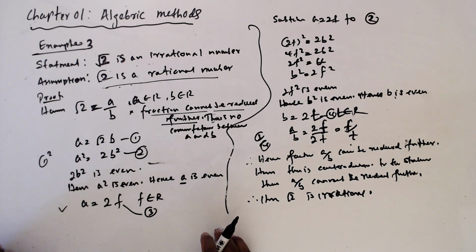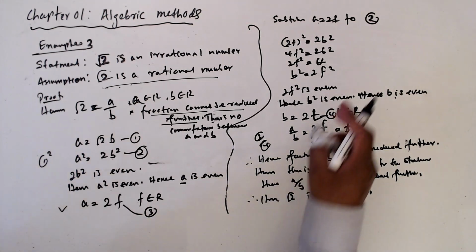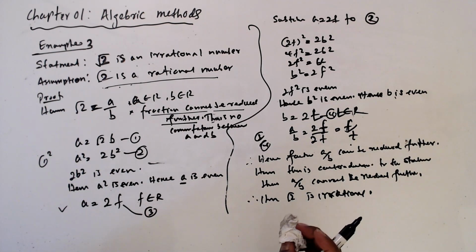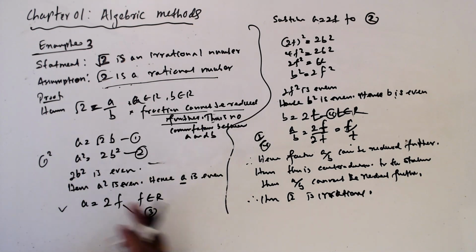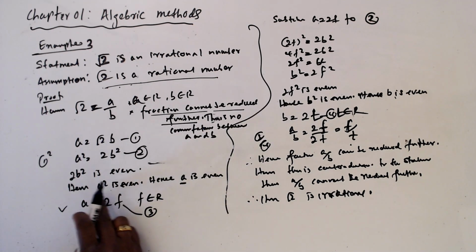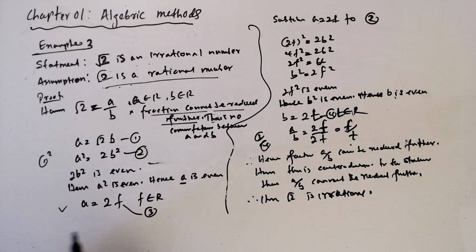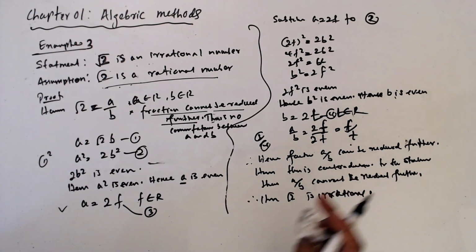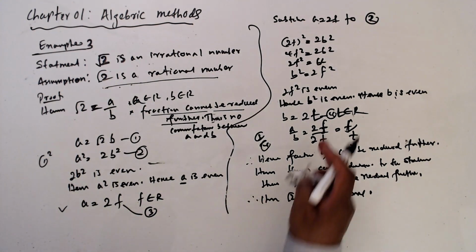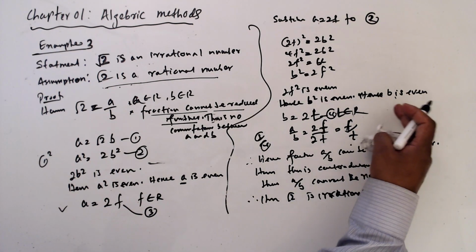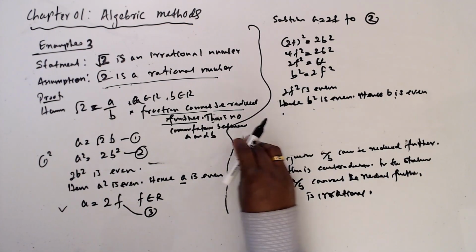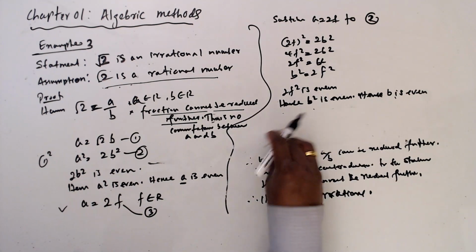And then we work out b square is even. So we will tell that a square is even and a is even. It means there is a factor 2, right? And then hence b square even, then b is even. So we are not going to do any division or anything.